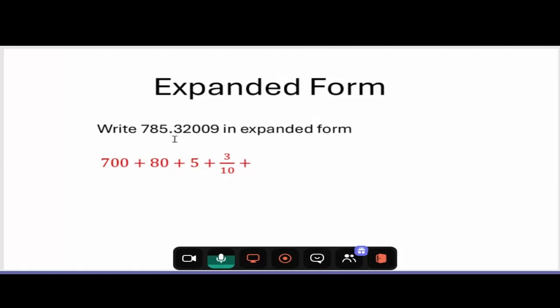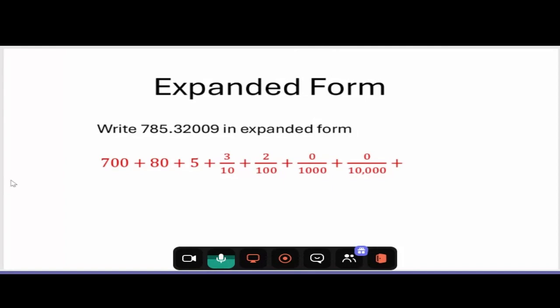So we have 700 plus 80 plus 5, and then carrying on from that spot, if you imagine a number line, we go 3 tenths of the way to the next number. And then from there, we go another 2 hundredths. So we divide that next bit into 100 equal pieces, and we only go 2 of those hundredths to the next piece.